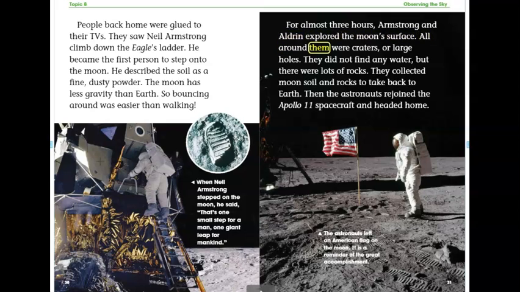All around them were craters or large holes. They did not find any water, but there were lots of rocks. They collected moon soil and rocks to take back to Earth. Then the astronauts rejoined the Apollo 11 spacecraft and headed home. The astronauts left an American flag on the moon. It is a reminder of the great accomplishment.